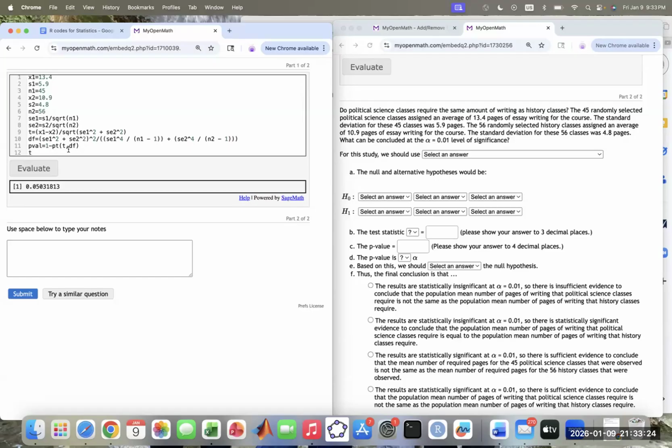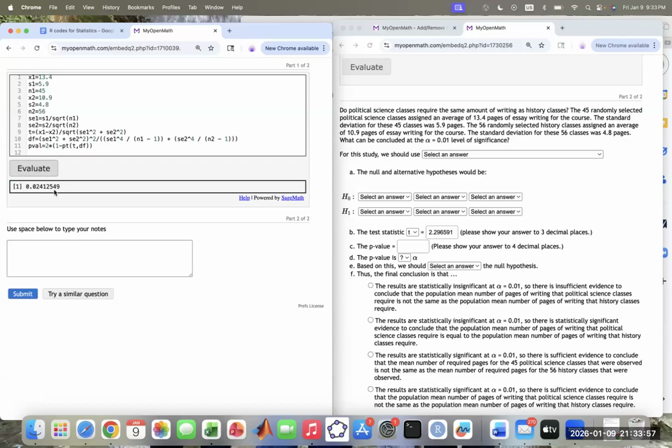So if T is positive, I'm going to put it right here. T positive, then my P value will be 2 times this one right here. So positive, like the right side. So think about it that way. Then over here, I will change my P value this way.